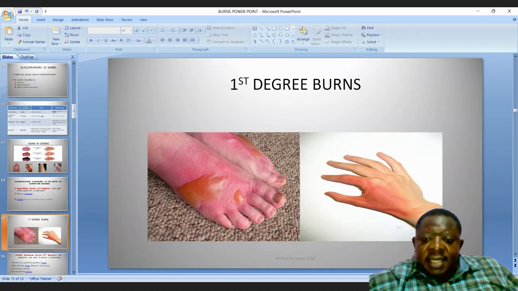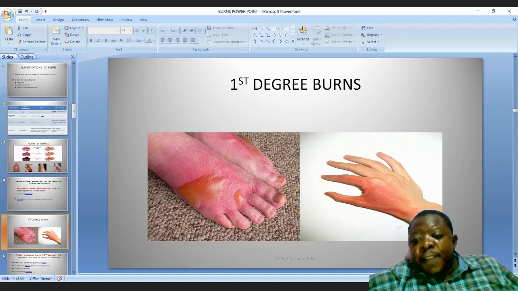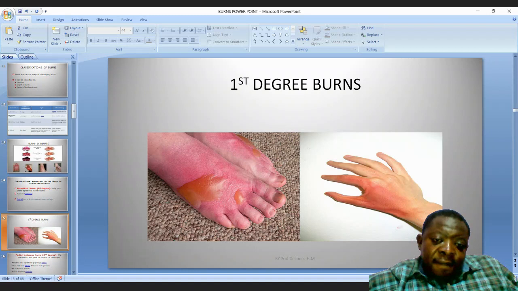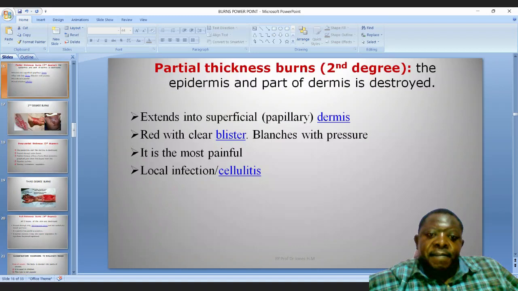So this is an example of first degree burns, affecting the skin with no blister, and the other type of first degree burns where we see some blister formation.